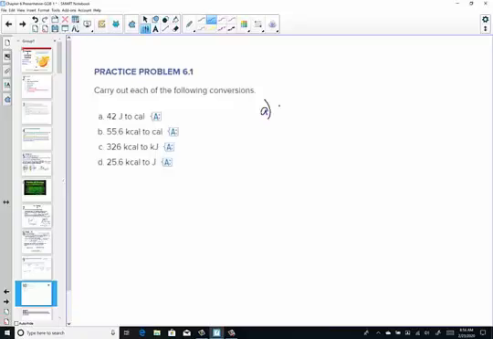In letter A, we started with 42 joules, and we wanted to go to calories. Remember what we want over given for our conversion. We want to switch to calories, and we were given a joule. We know that our equivalent values, 4.184 joules, is the same as saying 1 calorie.